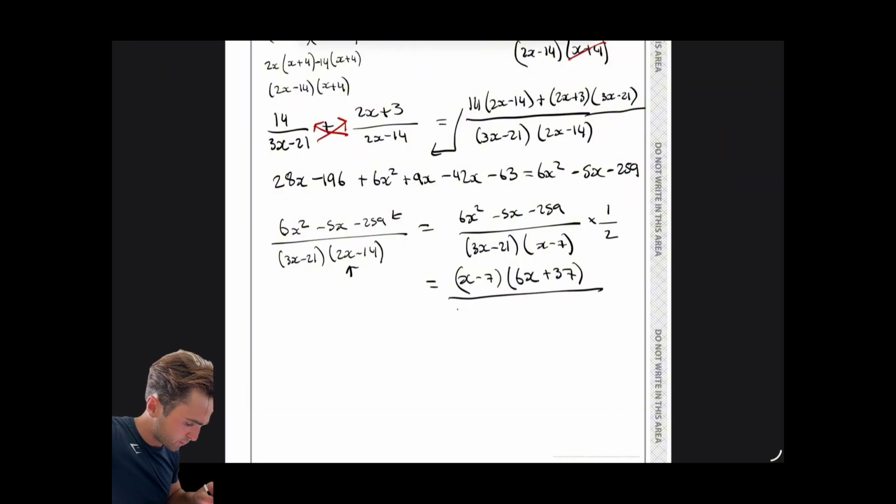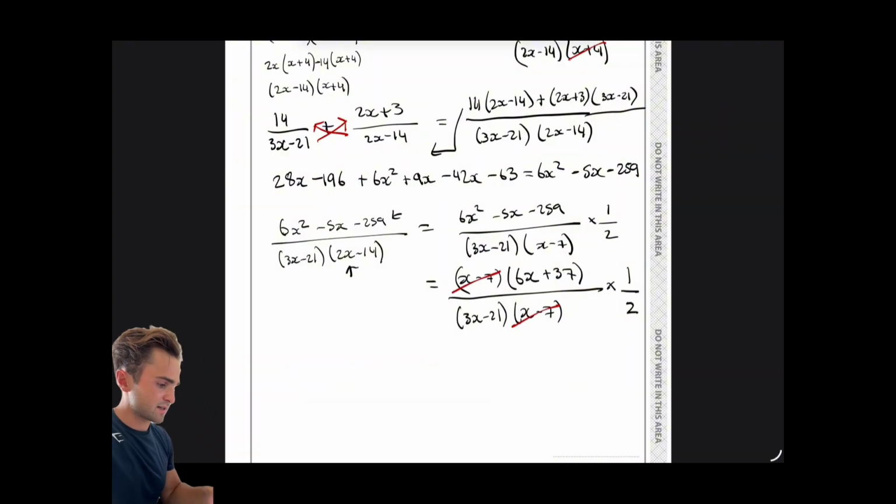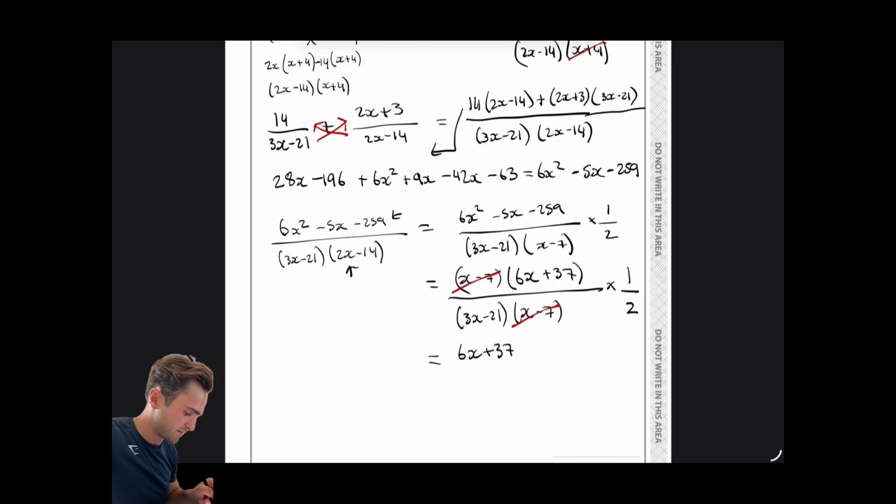So we can put that over what we just had: 3x minus 21, x minus 7 times a half. So what's cancelling out? This x minus 7, this x minus 7 is cancelling out. Then we're just left with 6x plus 37 over 3x minus 21 times a half.